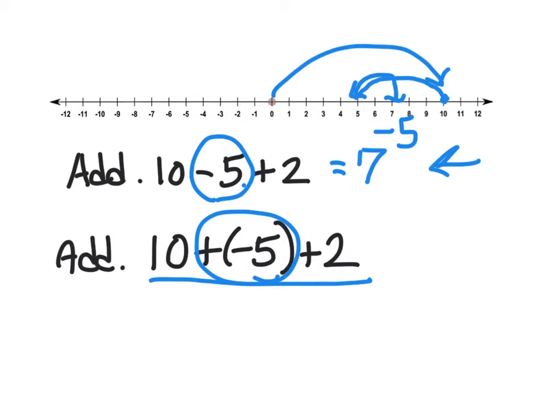So these two problems are identical. So whenever you see a minus a number or minus an integer, you can always change it to addition and just write it as its opposite. So what I mean by that is that instead of subtracting 5, I can just add the opposite of 5, and that would give me the same thing.